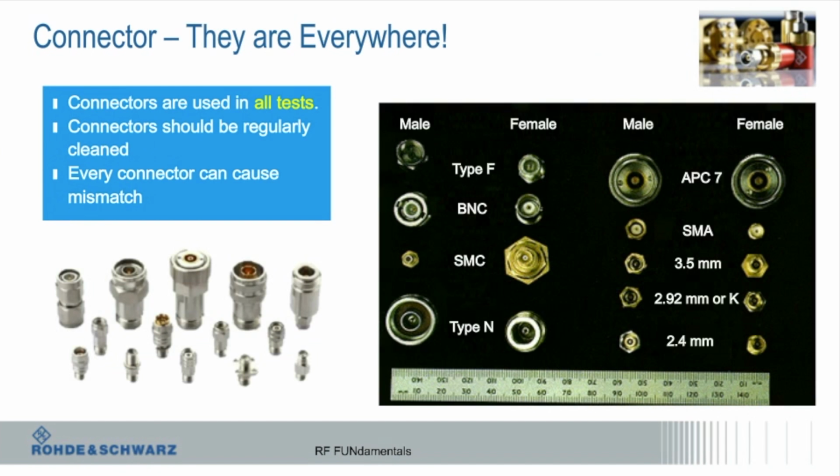Okay, so connectors. I kind of mentioned some stuff in passing, but they're obviously everywhere. And as was mentioned, it was a great comment, you really need to look at the connector before you connect it. These get dirty. People throw them in a little box with a bunch of other crap.